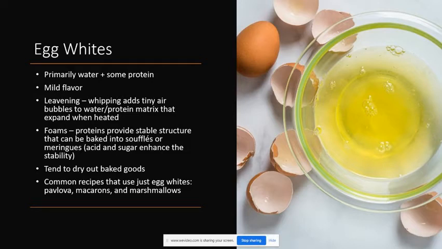One thing about egg whites is because they don't have fat in them, if you're just using egg whites, they can tend to dry out baked goods, but oftentimes sugar is added to help keep baked goods moist. So common recipes that use just egg whites, besides souffles and meringues, which I already mentioned, are pavlova, macarons, and marshmallows.